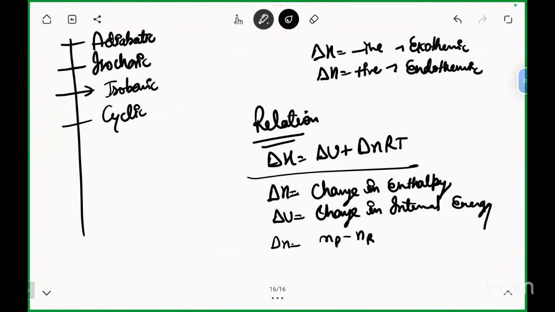R is the gas constant and T is the temperature. Sometimes the question can be asked: what is the relation between delta U and delta H? Then you can directly write that delta H equals delta U plus delta n RT.